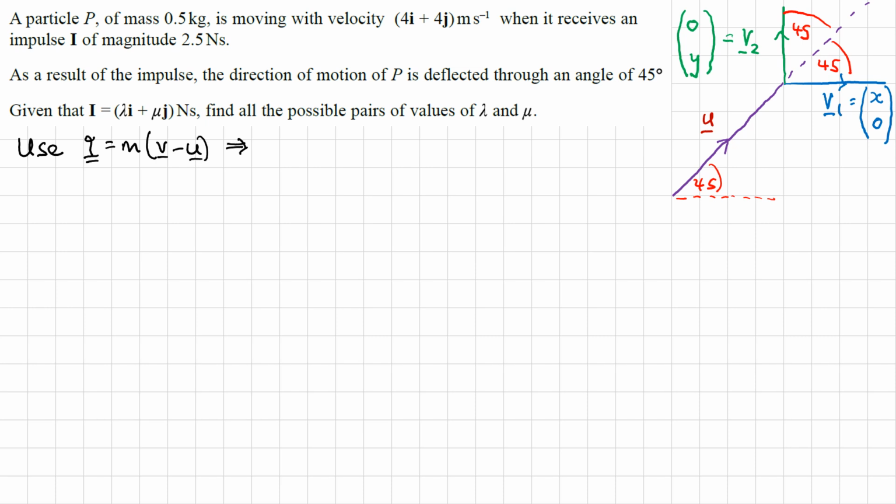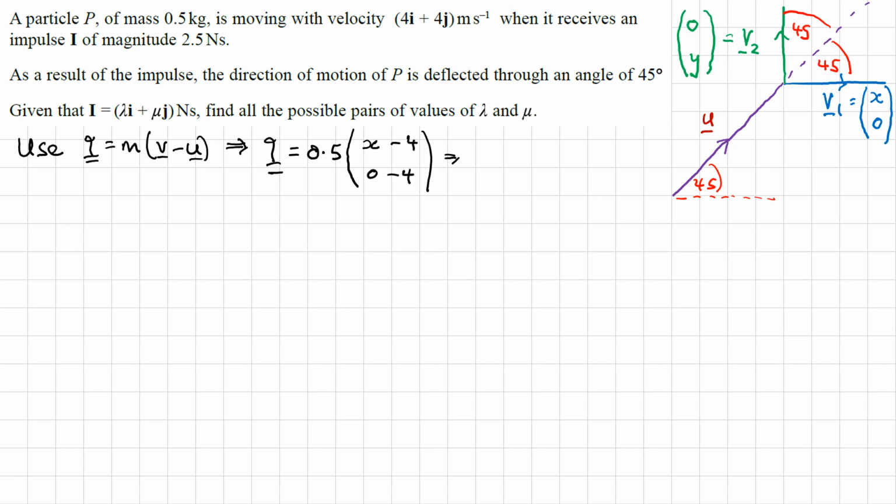So I'm going to start by using the impulse momentum equation, which is this. The impulse, let's write that as I. Now I know the size of the impulse, but I don't know the impulse itself. Let's see if I can work out the impulse from the information I've got. So the mass is 0.5, times V, now I'm going to start with V1, which is x, 0, and then minus u, which is 4, 4.